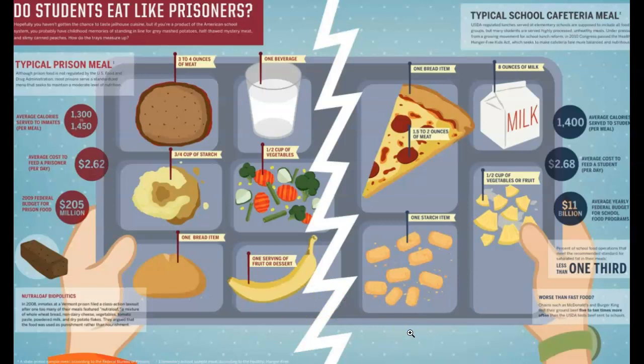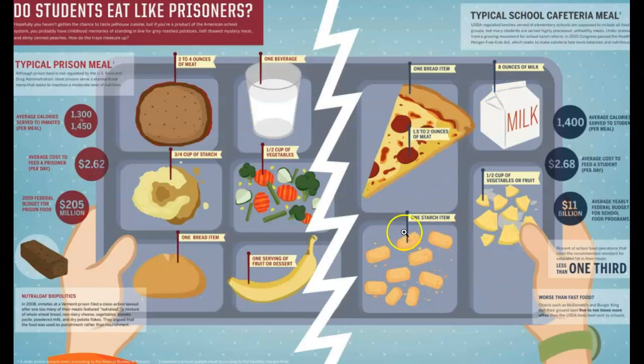If I wanted to make a personal judgment on this, I could do that in, say, my concluding sentence for the paragraph. So I might say, even though prisoners and school children have a lot of similarities in what they eat, overall, just looking at Do Students Eat Like Prisoners, it appears that the prison meal is more well balanced than the school cafeteria.